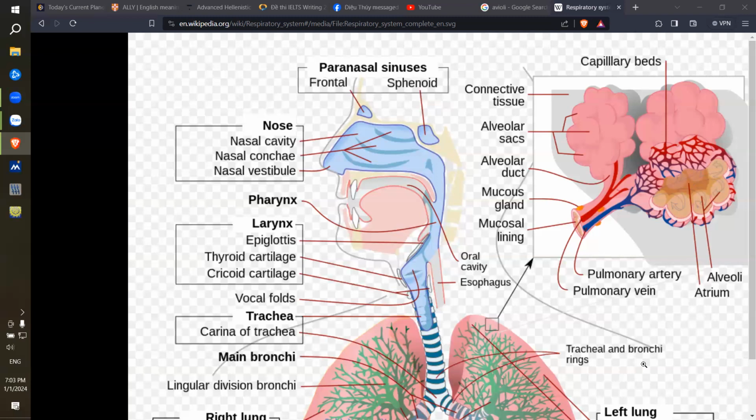Next, I will talk about diseases of the pharynx. There is pharyngitis. It's the inflammation of the pharynx, which is often referred to as sore throat. The symptoms are scratchiness in the throat and difficulty swallowing.